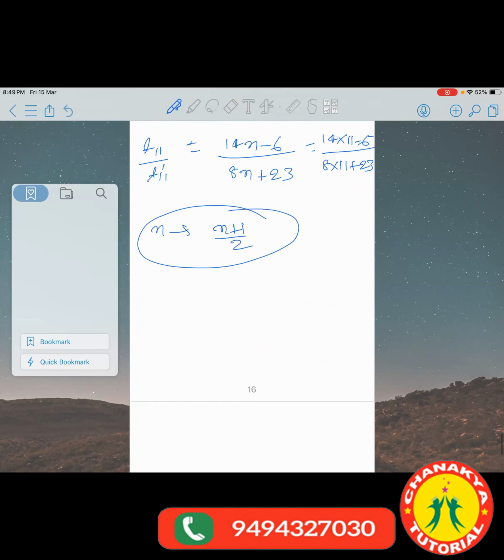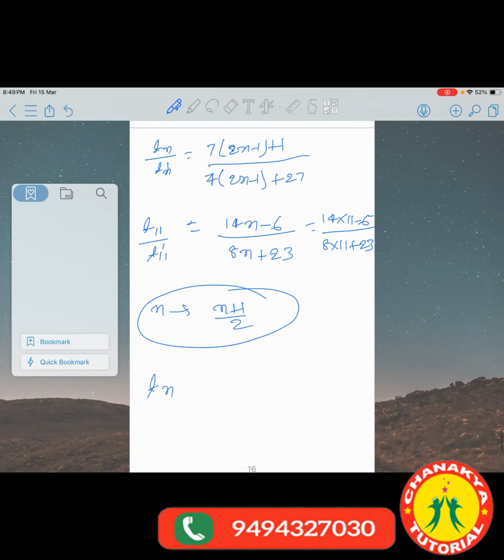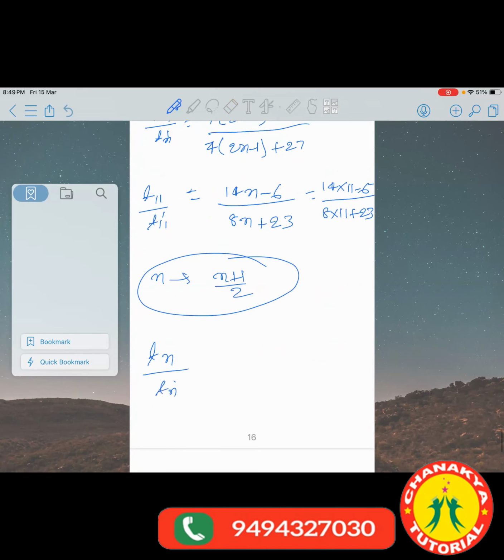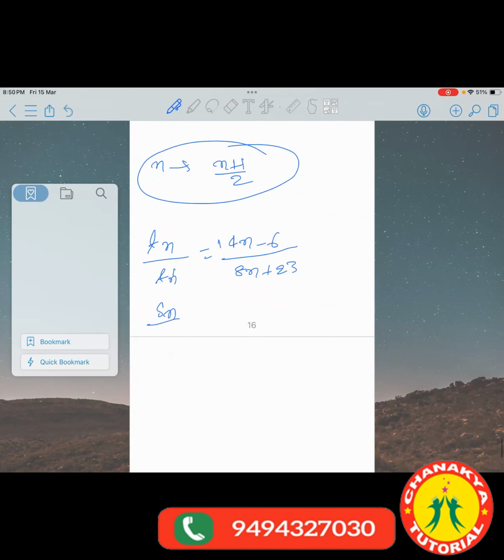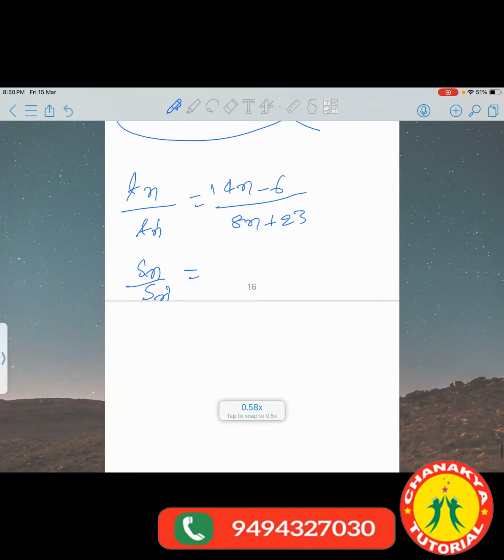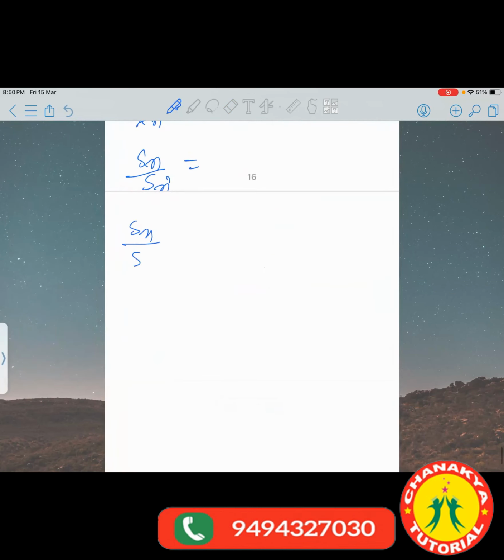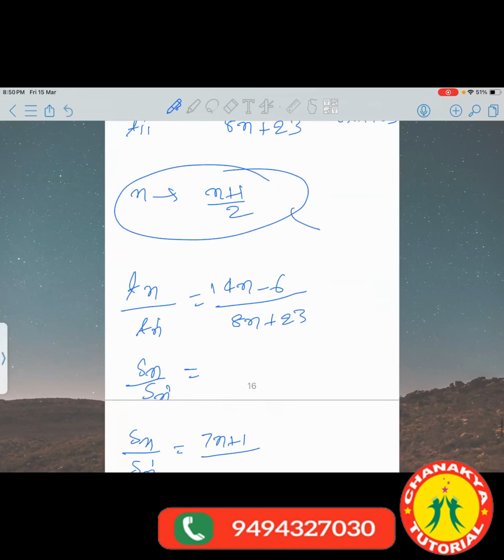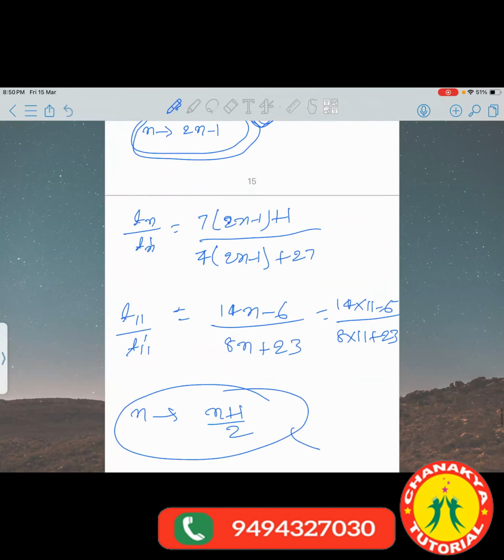Like if the Tn upon Tn dash ratio is equal to 14n minus 6 upon 8n plus 23, and asked is Sn upon Sn dash ratio, we can replace n with n plus 1 by 2 and directly get the answer. The basic thing here is that given is Sn upon Sn dash is equal to 7n plus 1 upon 4n plus 27, right?